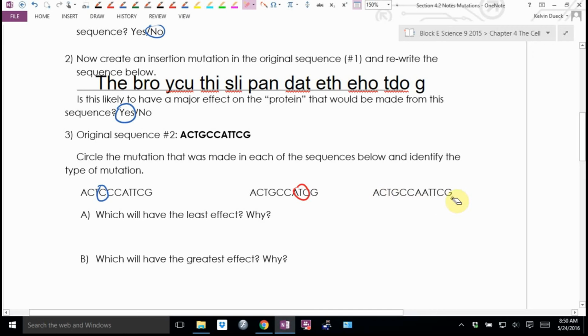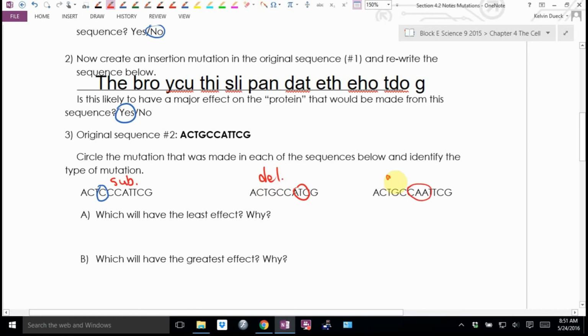Here, ACT, GCC, right there. This is an insertion or an addition. So this is what we call a substitution.